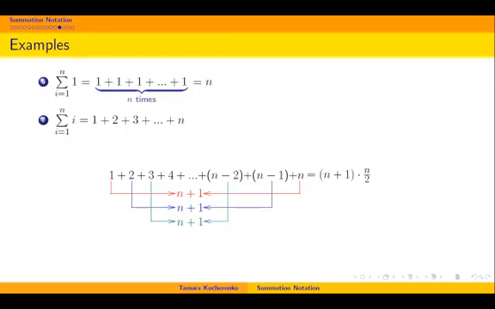I assumed that n is even here to get the number of pairs n over 2. However, it just takes a moment of thought to convince oneself that the same formula is valid for an odd n.